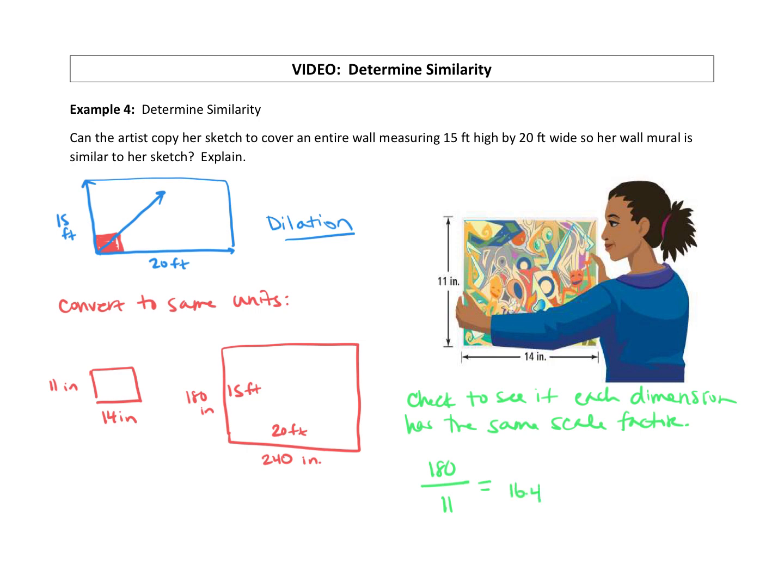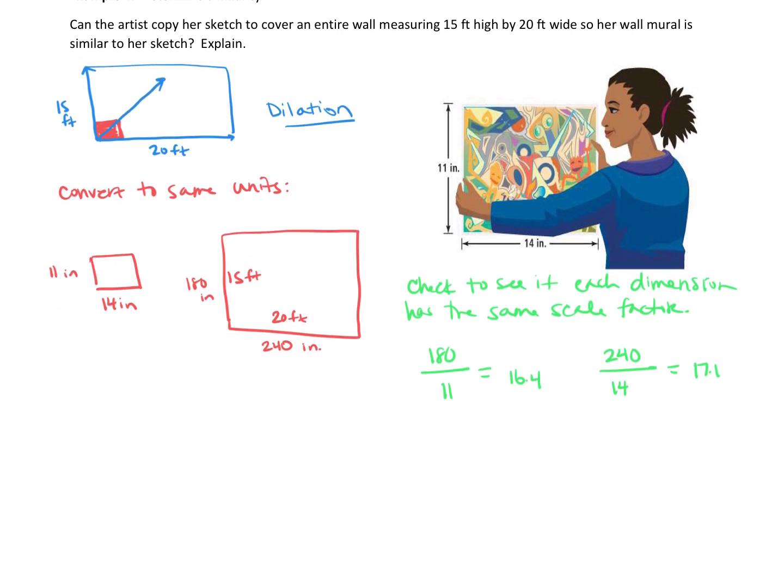And now let's check our other dimension. We have our image, 240 inches. We're going to divide that by the pre-image of 14 inches. And if we get a 16.4, that means they're using the same scale factor, and this will work out perfectly. When we divide this, however, we get 17.1. So they do not have the same scale factor.